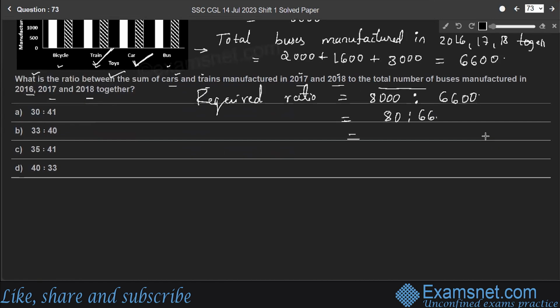So you can directly divide. 80 by 66, both numbers are divisible by 2. So 2 into 40, 2 into 33. So the ratio 40 is to 33 is the required ratio, right? So the total number of cars and trains in 2017 and 18 to the total number of buses. Option D is the right answer.